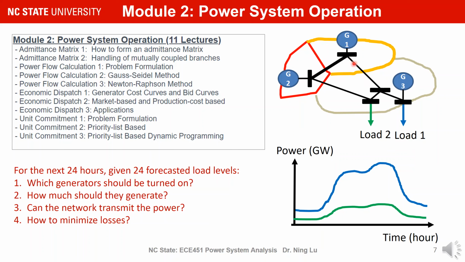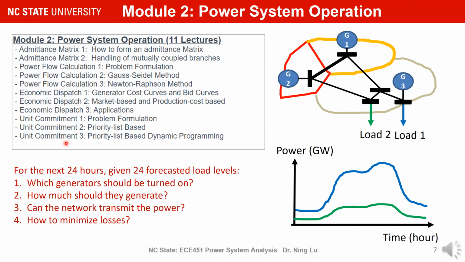If each generator has a cost associated with it, then during the course of a day, at each hour, which generator needs to generate how much so we can supply the load at the minimum cost. That would be how we do optimization.